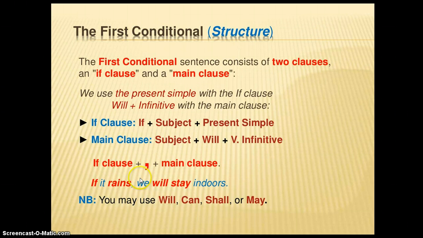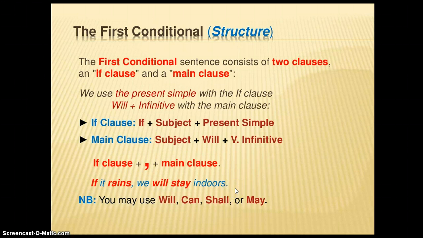Let's continue with the first conditional sentence, which also has two parts, the if clause and a simple present behind, and the main clause that now contains a future tense. An example: if it rains, we will stay indoors.